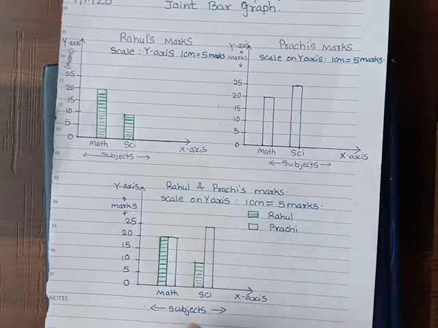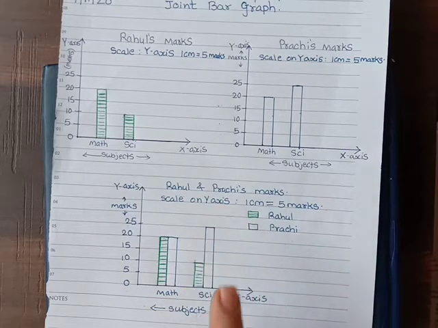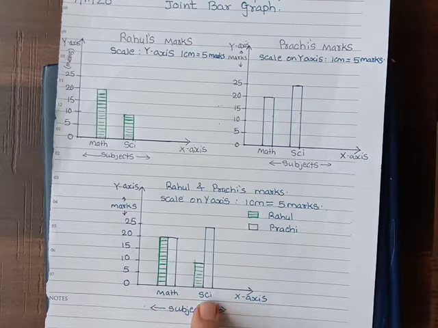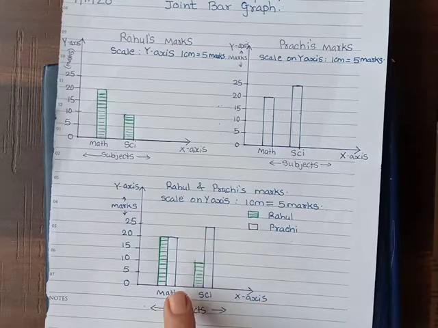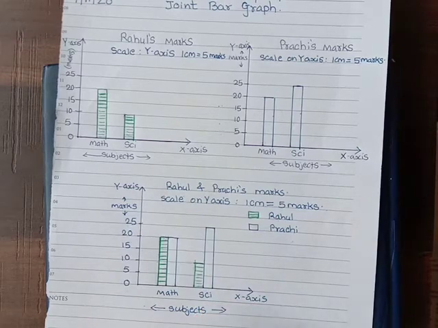Also subject wise, in maths both the students have got the same marks, but in science, one has less and one has more. Highest is in science compared to these two. Prachi has scored 25 marks in science, whereas in maths she has scored only 20 marks. So a lot of information we can get using only one graph.